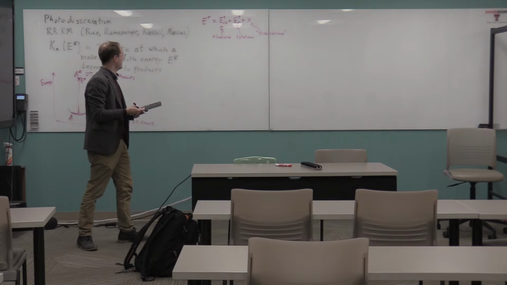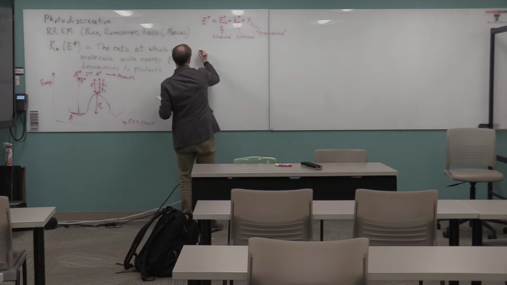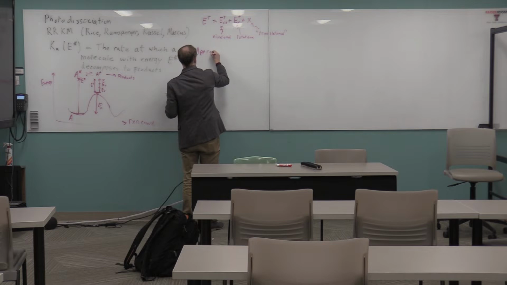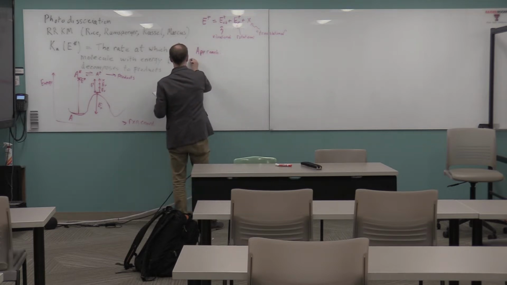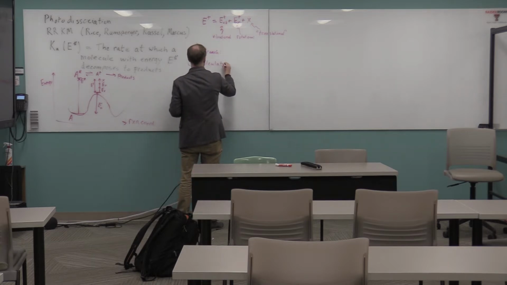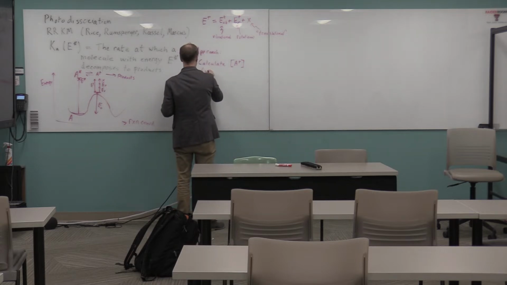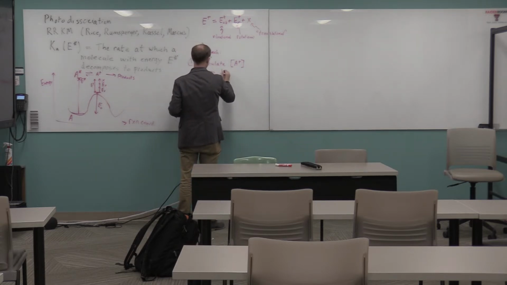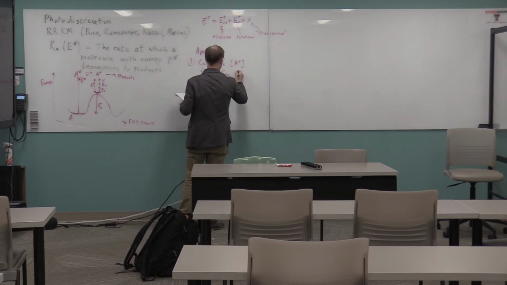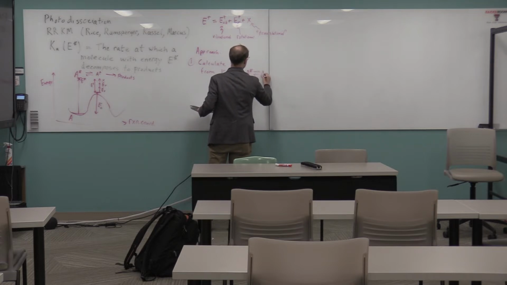And so sort of in analogy to our transition state theory treatment, our approach is going to be as follows. We are going to first calculate the concentration of activated complex from the equilibrium between A star and A plus.